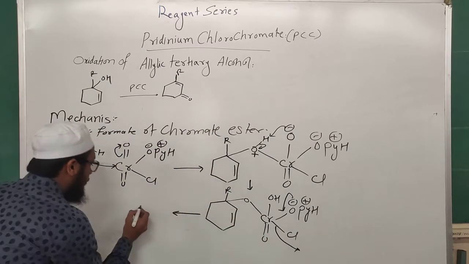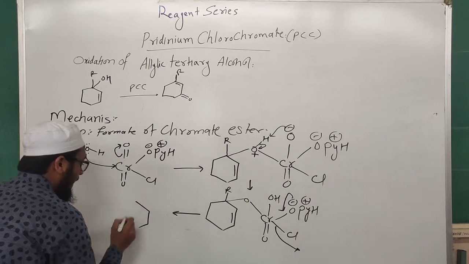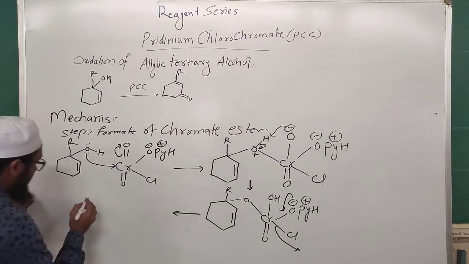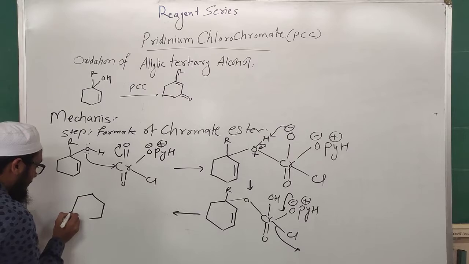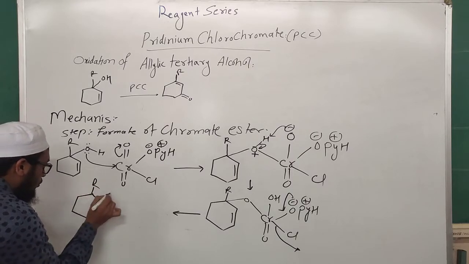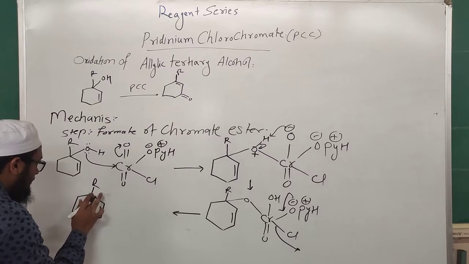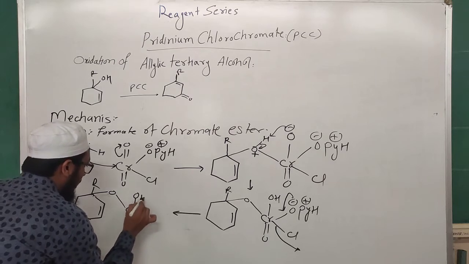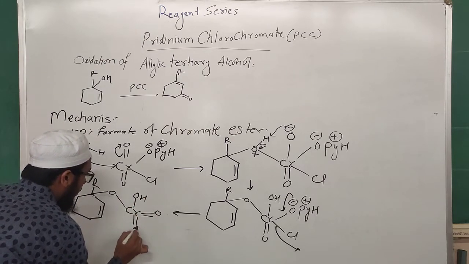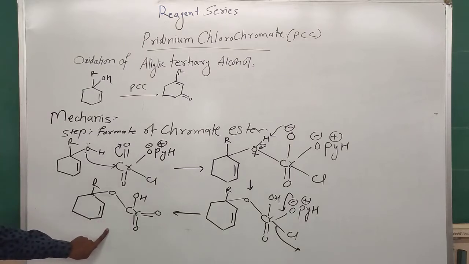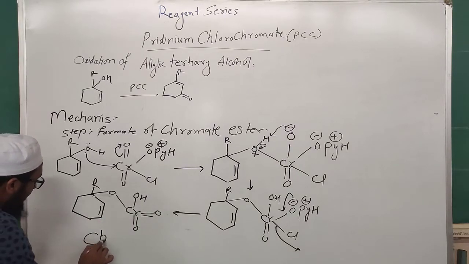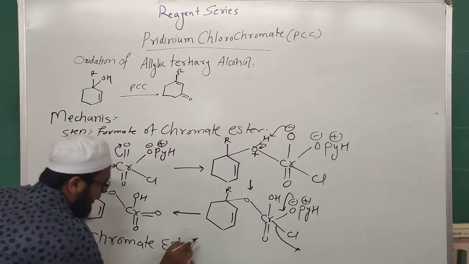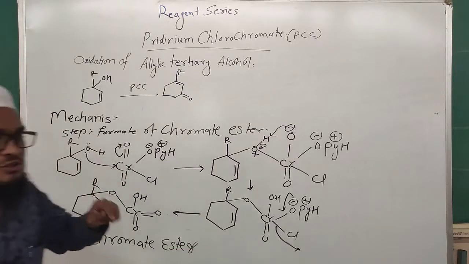What I will have here is this structure: it has an alkyl group, oxygen here, that oxygen is attached to chromium, OH, then double bond O. This complex is called chromate ester. This is the structure of chromate ester, my dear brother and sister.